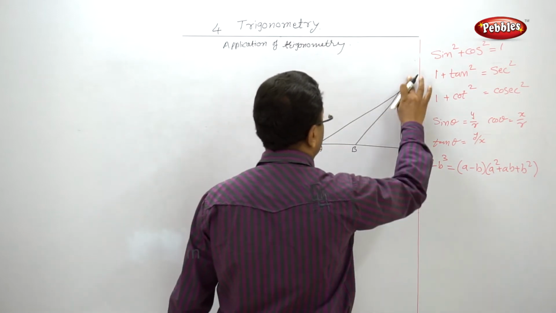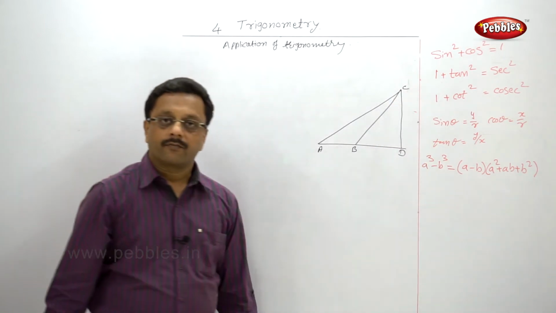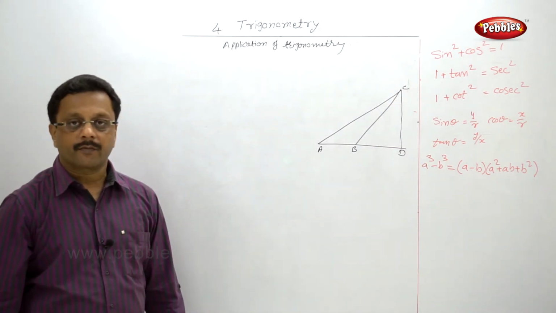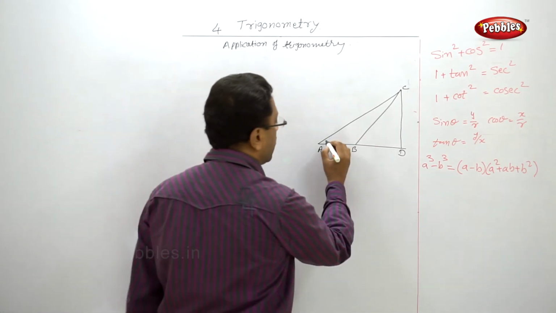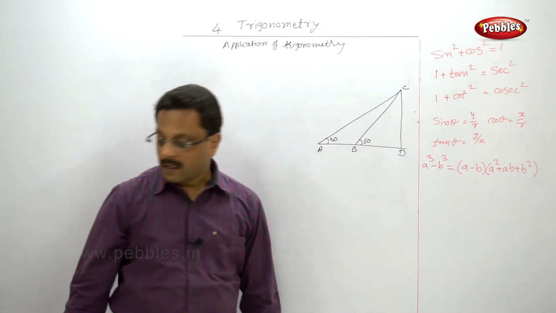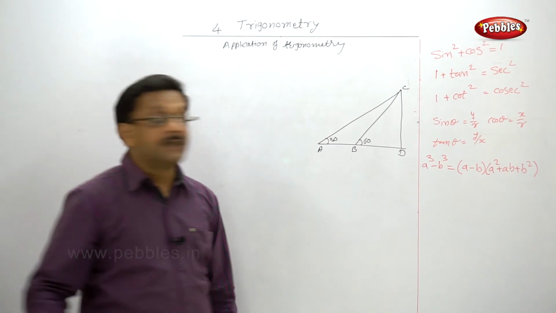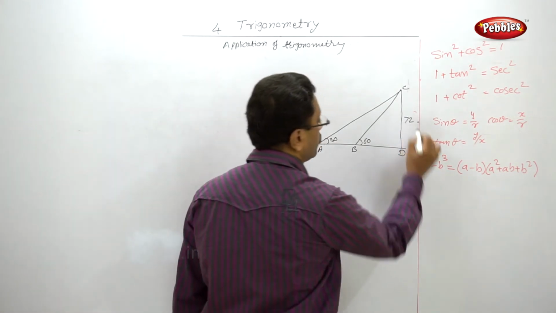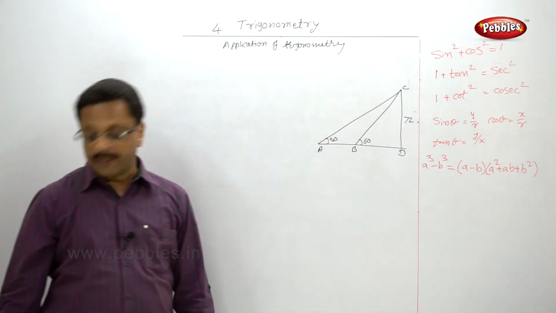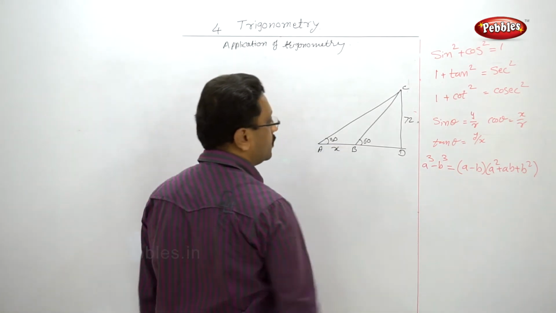Let us write down C and D. So this angle is 30, this angle is 60. And what else do they say? The height of the building is 72 meters. And find the distance between two persons. We want to find x.